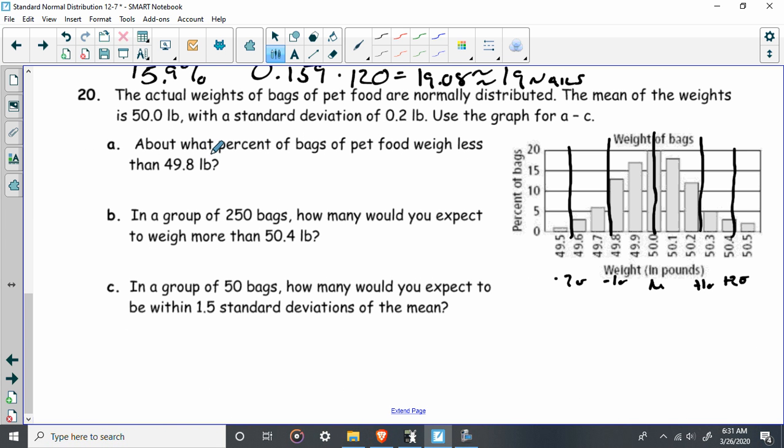So about what percent of bags of pet food weigh less than 49.8 pounds? So they want this over here. So about what percent would be on this side? Well, again, same thing, you guys should be fairly familiar with these numbers, 50% and 34.1%, right?